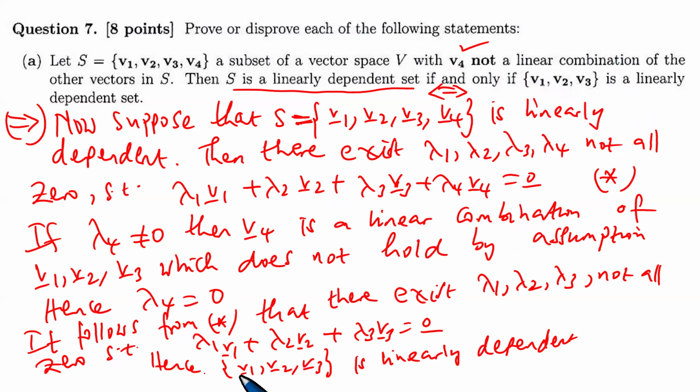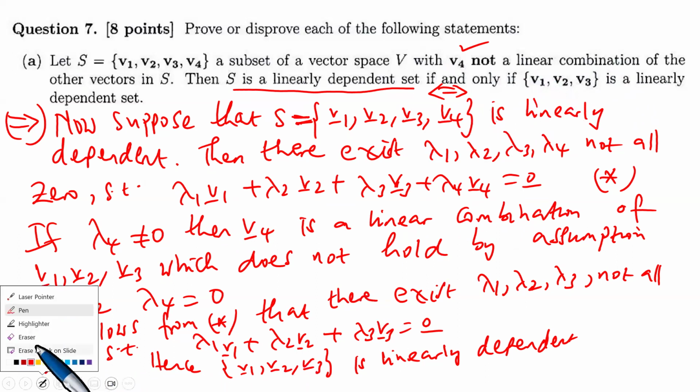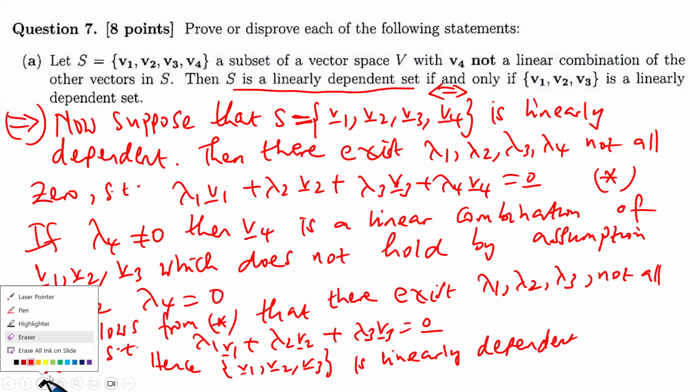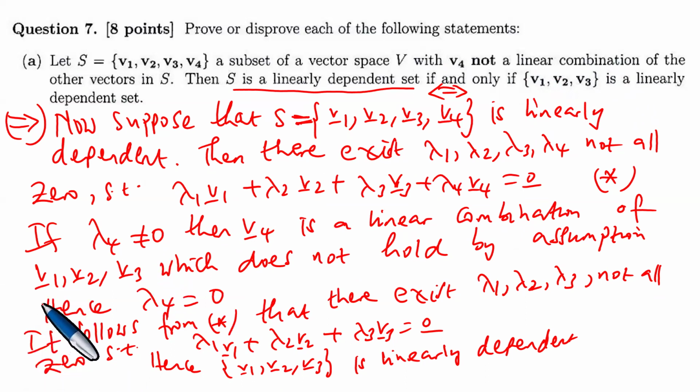If we assume here that lambda 4 is not 0, it would mean, therefore, that V4 is minus 1 over lambda 4 times the rest.